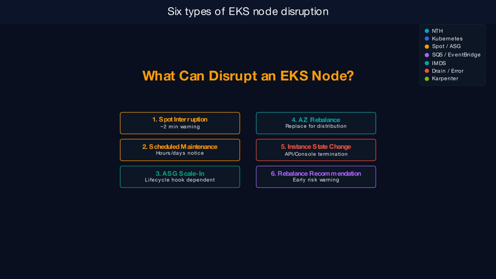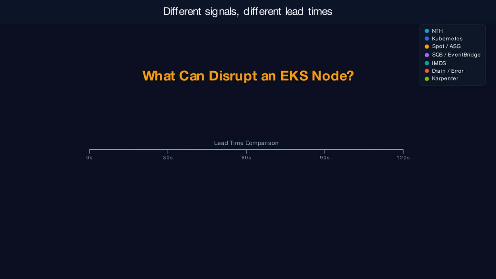Fourth, availability zone rebalancing. The ASG moves instances across zones for better distribution. Fifth, instance state change. Someone terminates the instance via the EC2 API or console. Sixth, rebalance recommendation. AWS warns that a spot instance is at elevated risk of interruption, even before the 2-minute termination notice. Each of these signals arrives differently and provides a different amount of lead time. NTH needs to handle all of them.